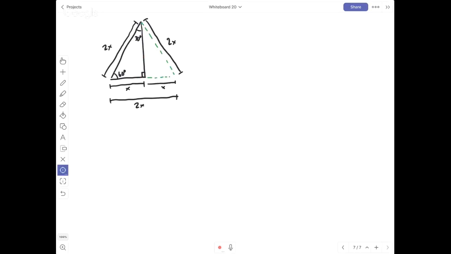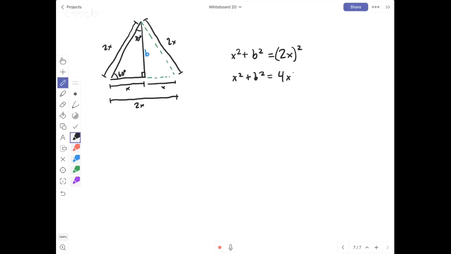And then we can solve for the height using the Pythagorean theorem. So if I call this height side b, I will get x squared plus b squared equals 2x squared, so that x squared plus b squared equals 4x squared, so that when I subtract x squared from both sides, I find that b squared equals 3x squared.